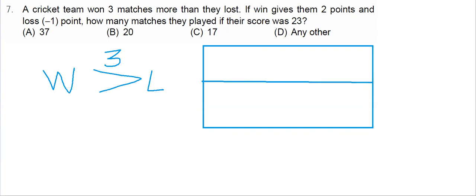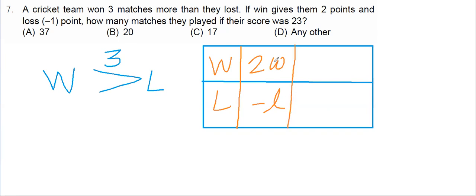Say this is your win and this is loss. If you are winning, you will get 2 points, and if you lose, then you will get minus 1. So small w means number of matches won, small l means number of matches lost, and minus will be specified for that.